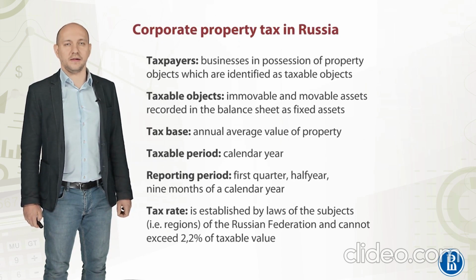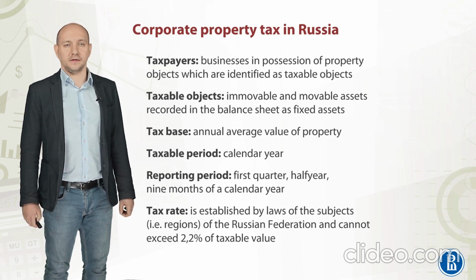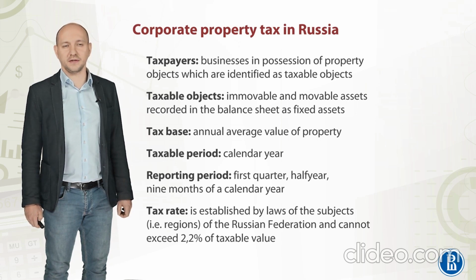However, many jurisdictions also tax tangible personal property, such as cars and boats. And now let's understand better how corporate property tax works in Russia, for instance. So taxpayers are businesses in possession of property objects which are identified as taxable objects. Taxable objects include immovable and movable assets recorded in the balance sheet as fixed assets. The tax base is the annual average value of property.